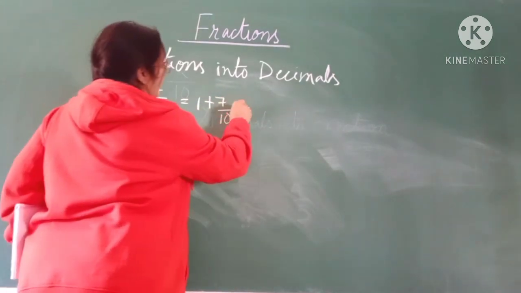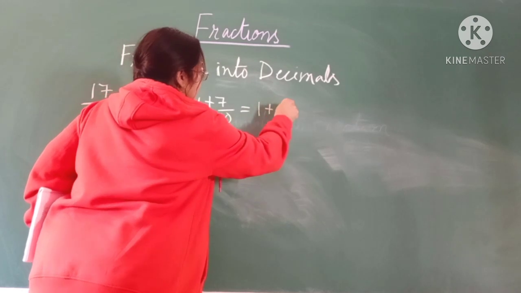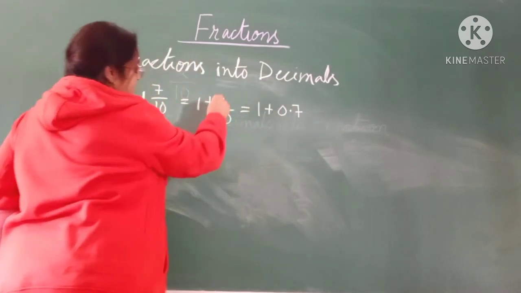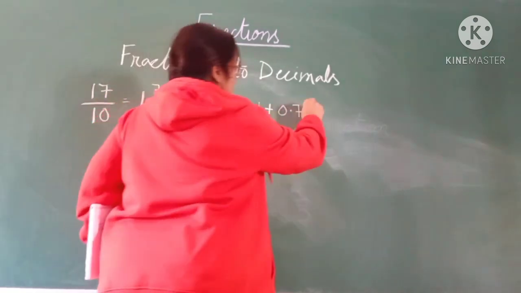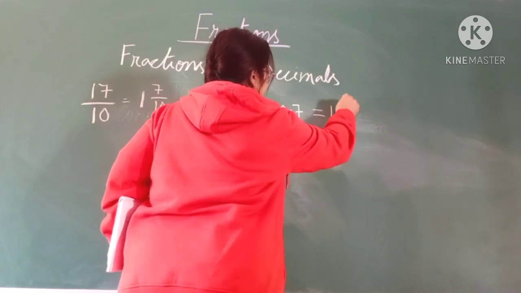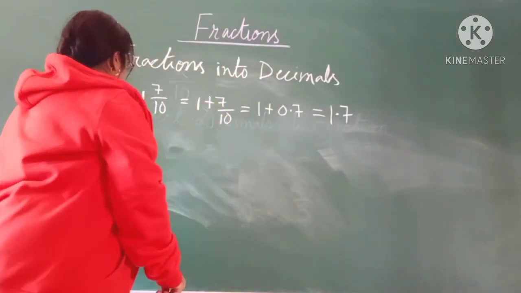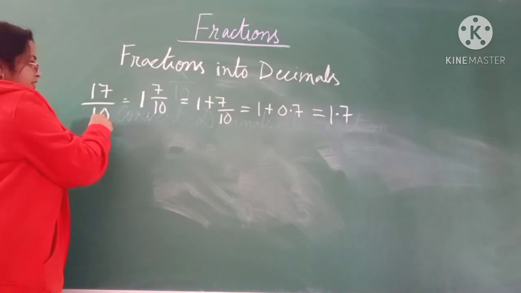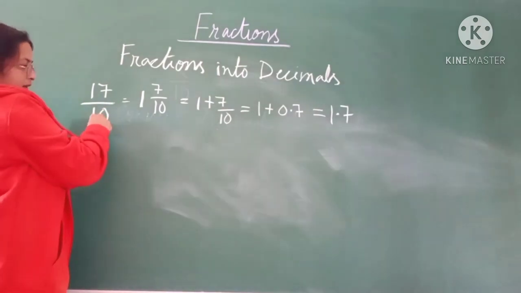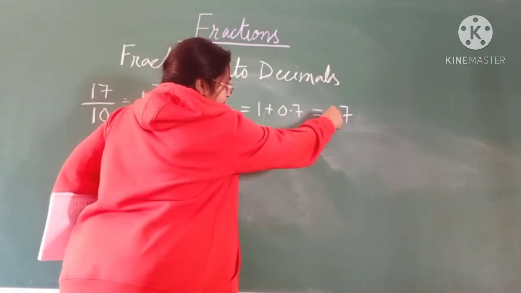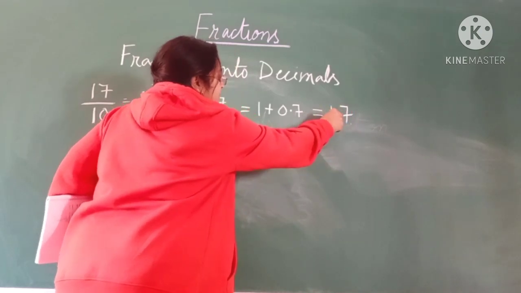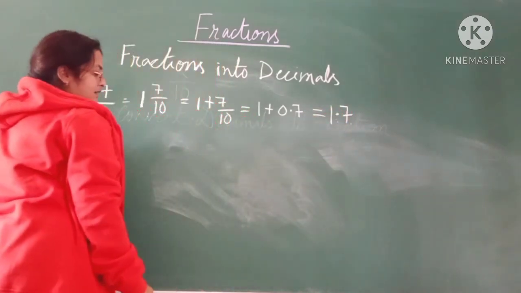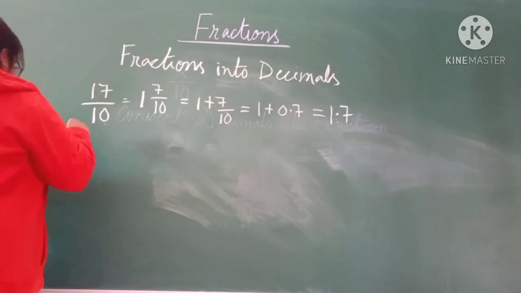This means 1 plus 0.7. 7 by 10 means 0.7. So it is 1.7. Or simply, having 10 in the denominator means the decimal should be placed one digit before from the right.